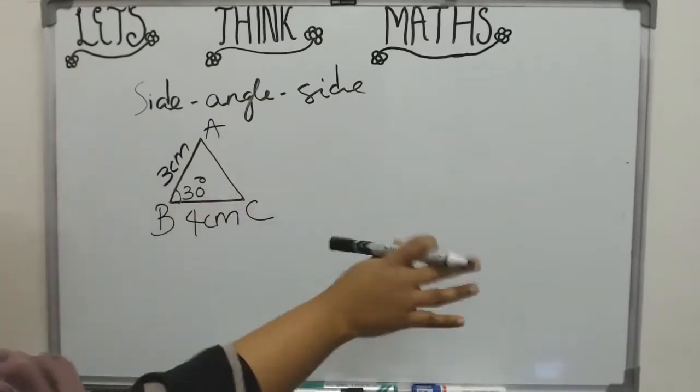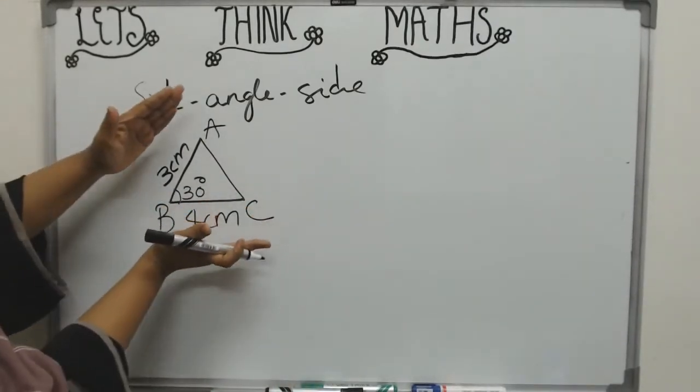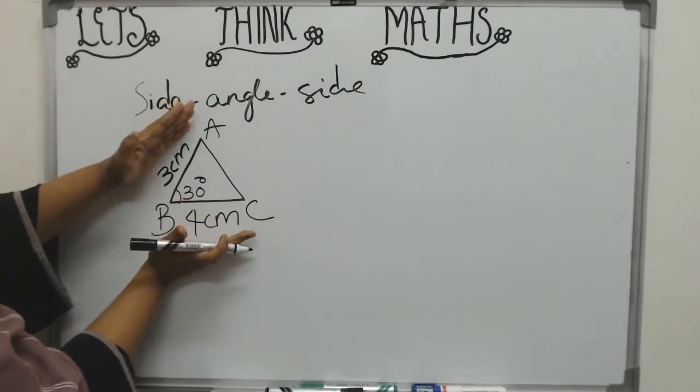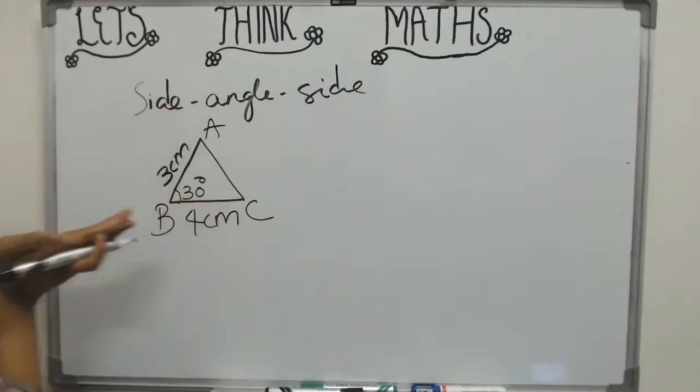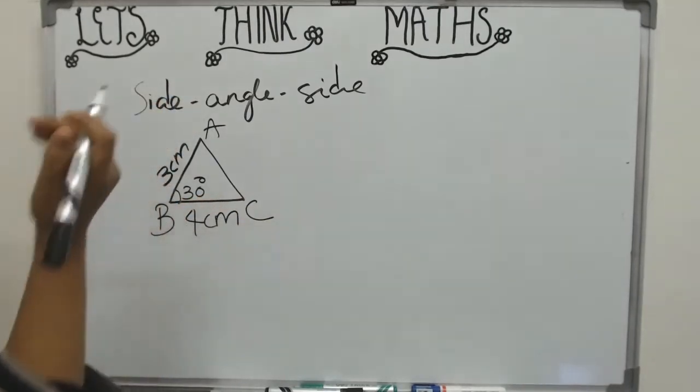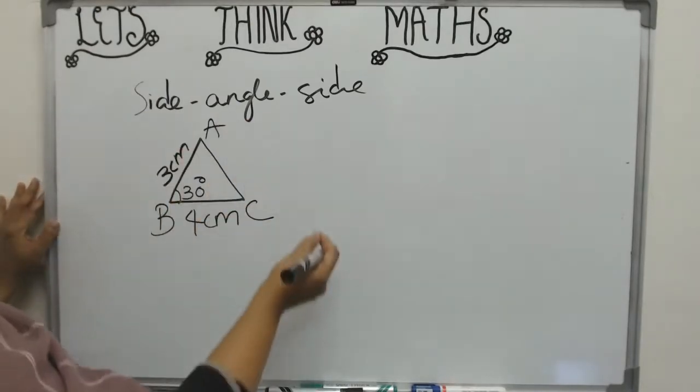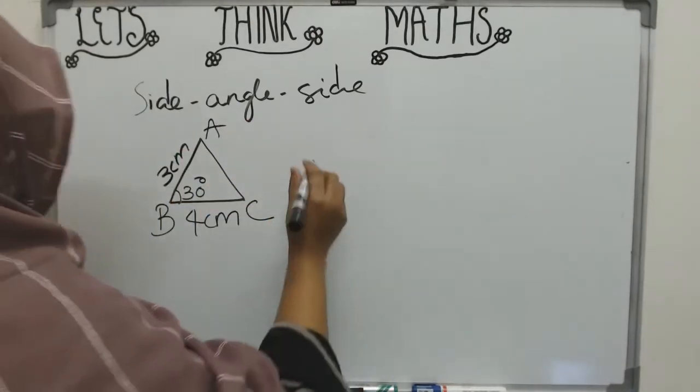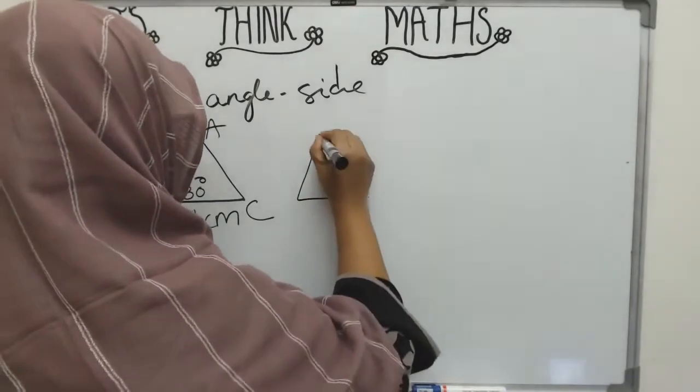So any other triangle where there are 2 sides 3 and 4 and between them they make the angle 30, they will be congruent to this. Let us see one example which is congruent and one example which is not congruent.